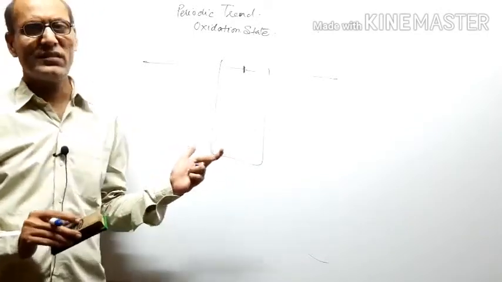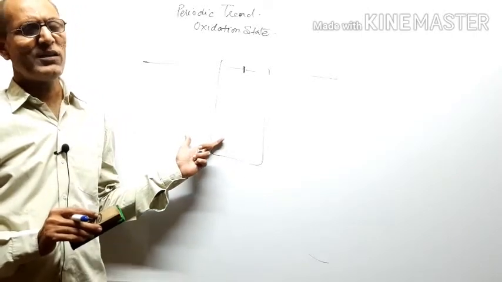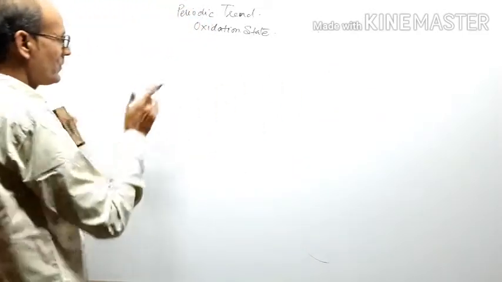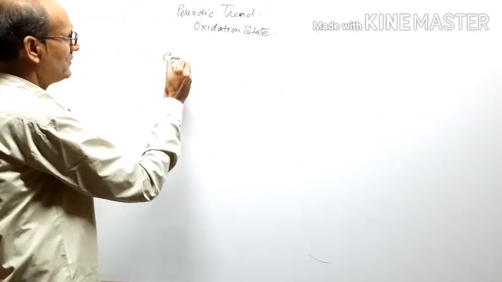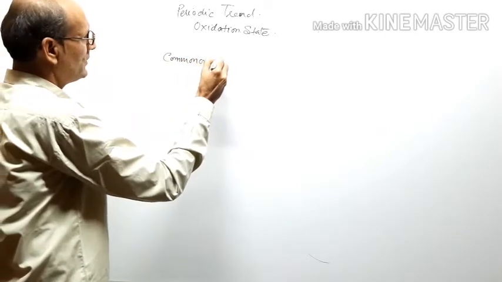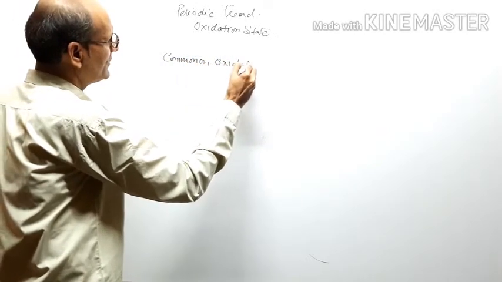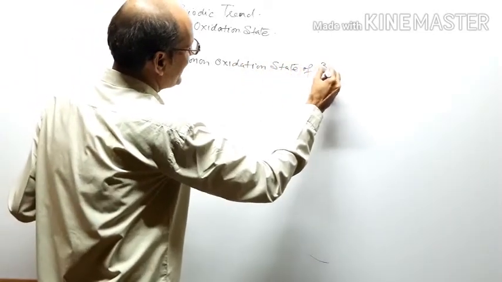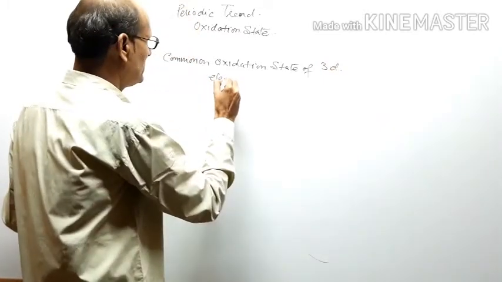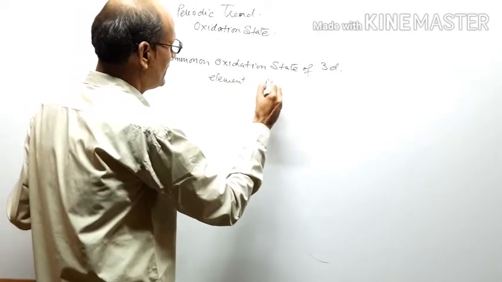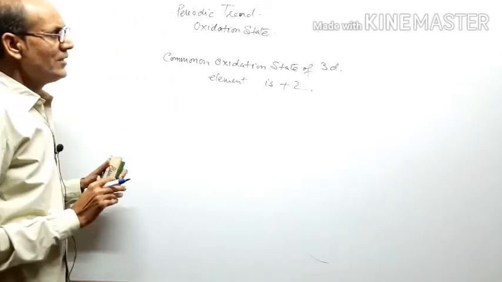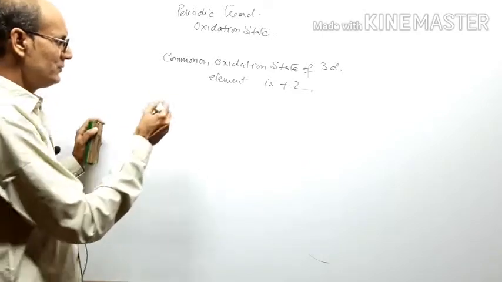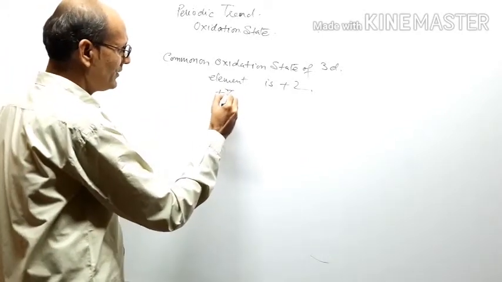In the 3d series, the common oxidation state is +2, and the highest oxidation state of 3d elements is +7.